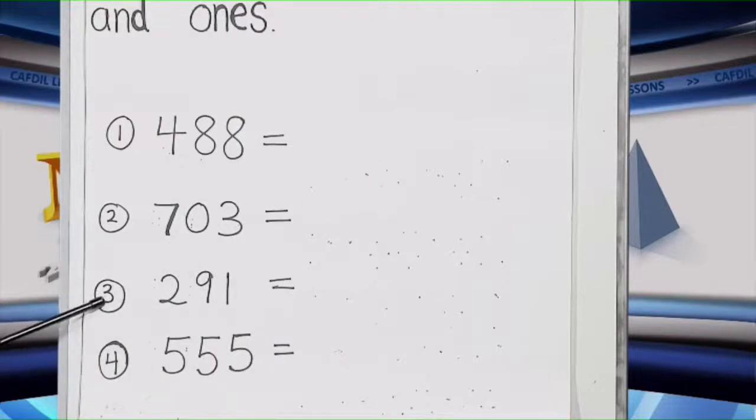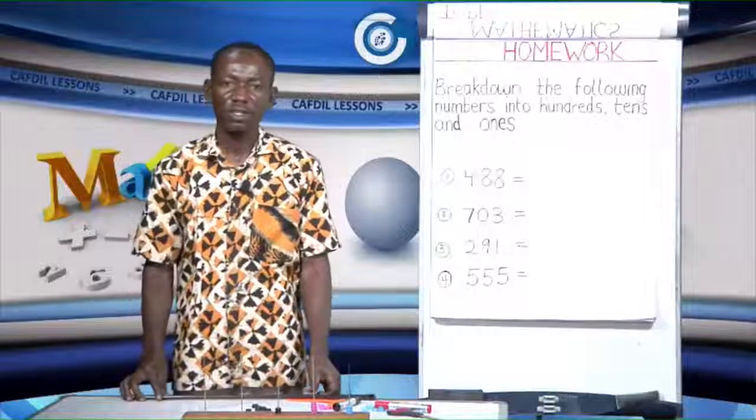For question 3, you have 291. For question 4, you have 555. You have to break them into hundreds, tens, and ones.